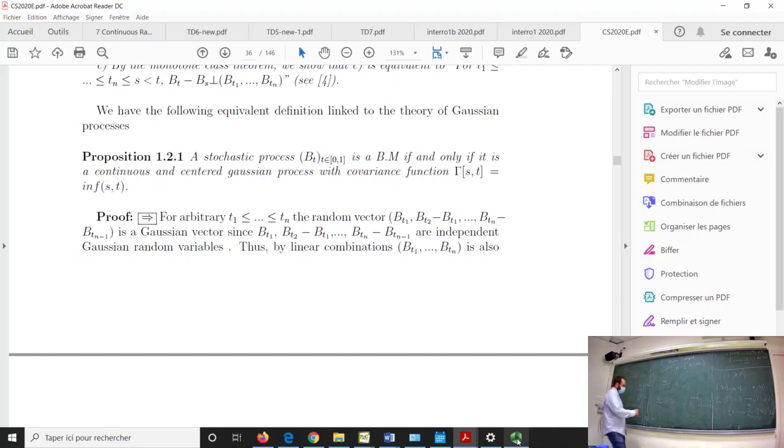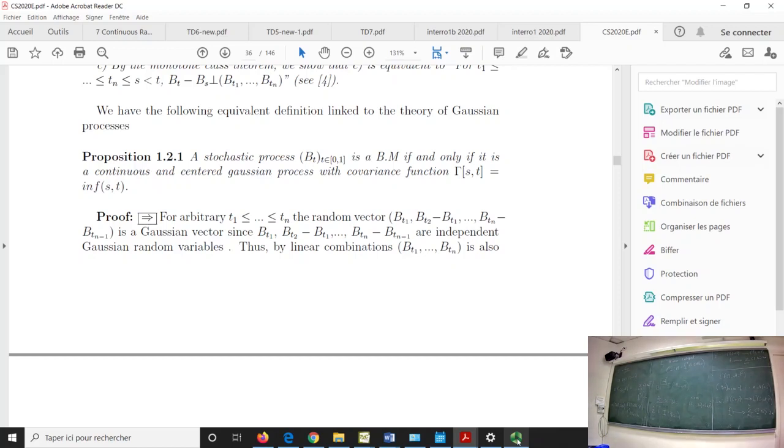And why do I have a Gaussian random variable if I do this? Keep in mind that I have done all this job for this. I can write this as the sum from i equal to 1 to n of lambda i times I of the indicator function of [0,ti]. But what can I use?